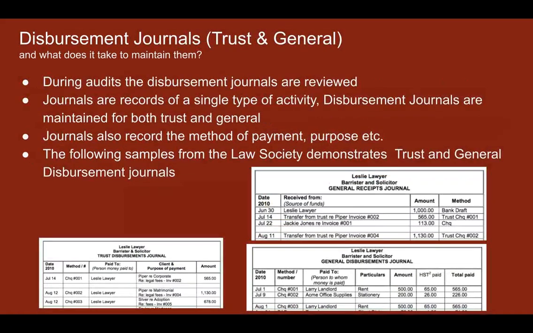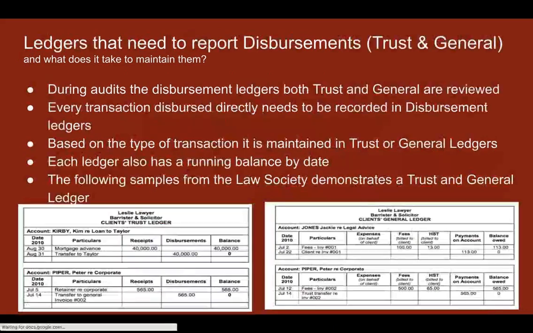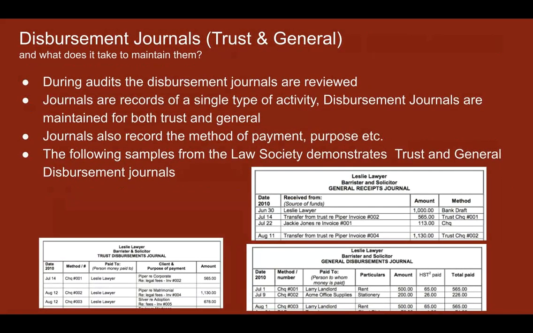Disbursement in fee book. Of course, before we see fee book, we have to see journal. The journal has even more drilled-down details than the ledger. In the ledger, you get to see the method of payment, the description and the receipts and disbursements. Whereas when you go into detail in the journal, it is a much more detailed version where you get to see the receipts separately and the disbursements separately along with the method of payment.